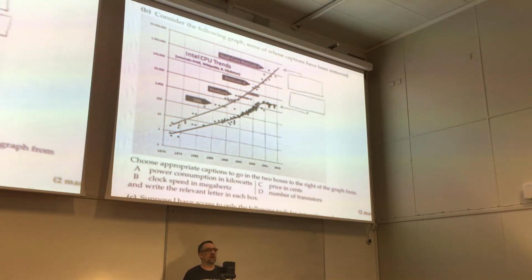No, in fact, the curve for processor price is if anything in the other direction. This stuff keeps getting cheaper as technology improves.